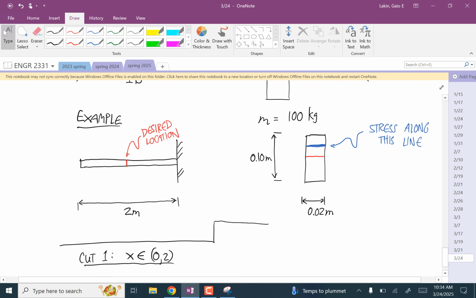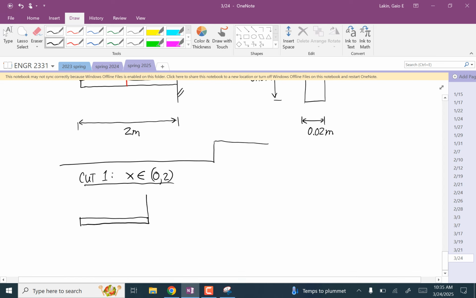That weight is 981 newtons, but it's spread out over 2 meters. So we have a distributed load equal to 981 divided by 2, which is 490.5 newtons per meter. And then we have our internal loads: tension, shear force, and bending moment.